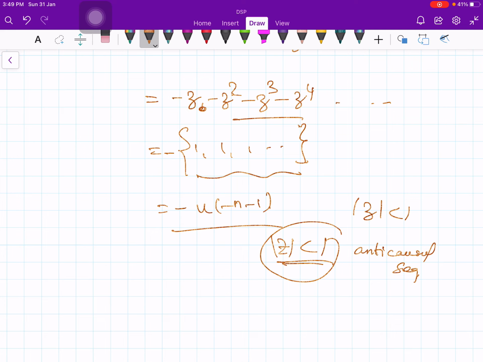No, don't write u of minus n; u of minus n minus 1 is the correct one, this is wrong. So the ROC is extremely important. The sequence itself will completely change.